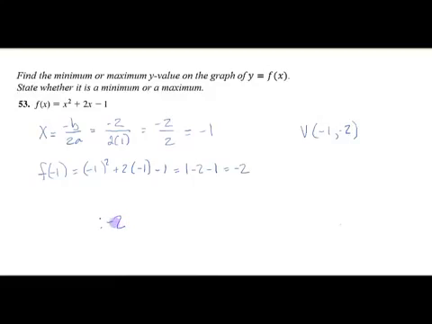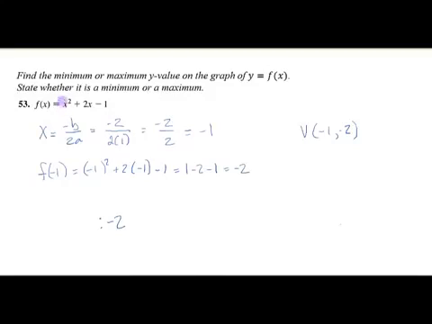The way you would know if it's a minimum or a maximum is if this is opening up or down. We have a positive coefficient of x squared, so that means we're going to be opening up.